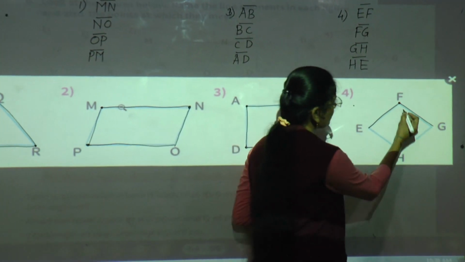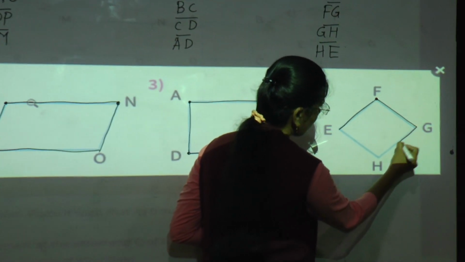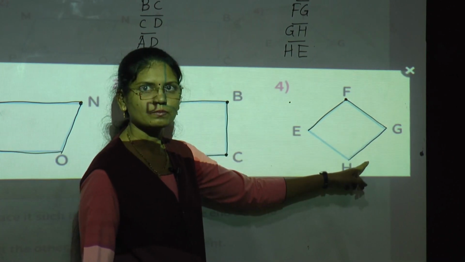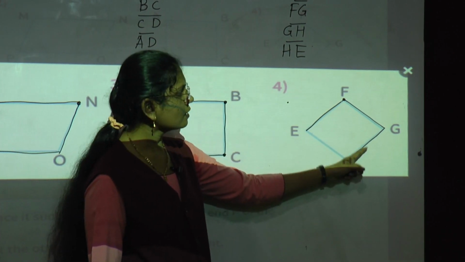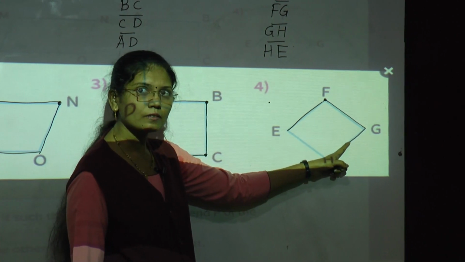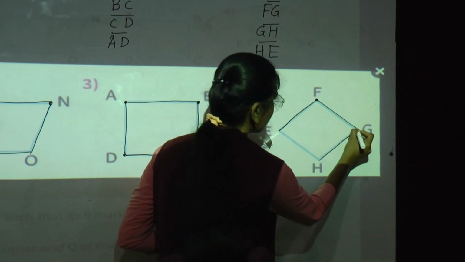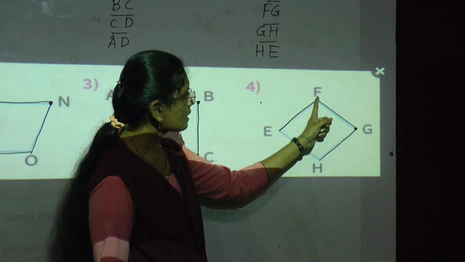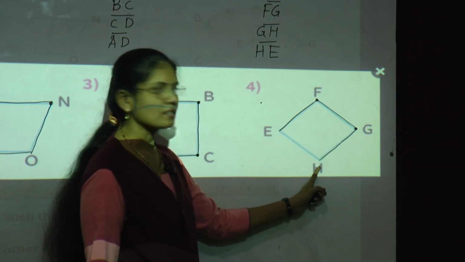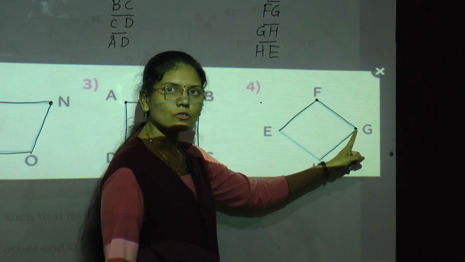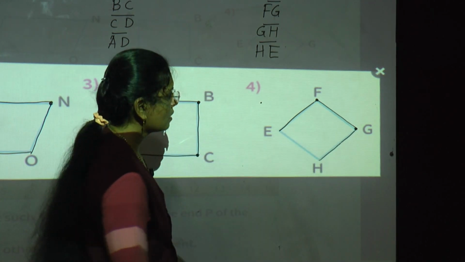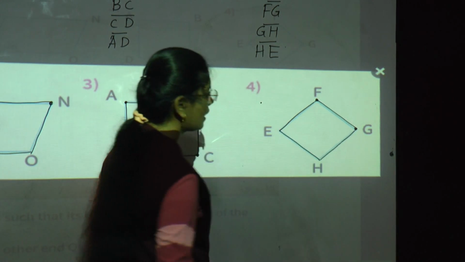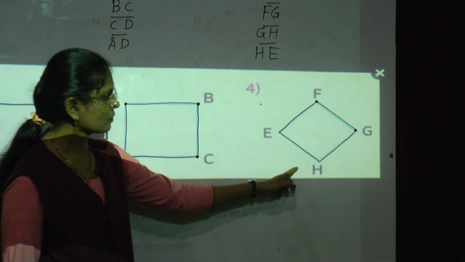Then we will see the next line segments FG and GH. Now see these two line segments. These two line segments can meet at which point? Yes, at point G. Line segment FG and GH can meet at point G. Now we will see the other two line segments GH and line segment HE or EH.